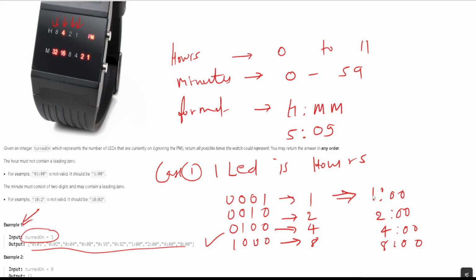These are the possible valid times, when the possibility is that one LED of the hour is on.